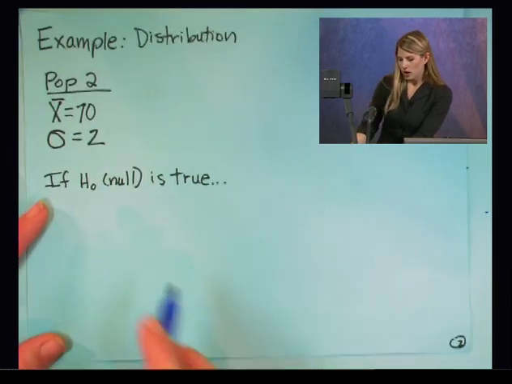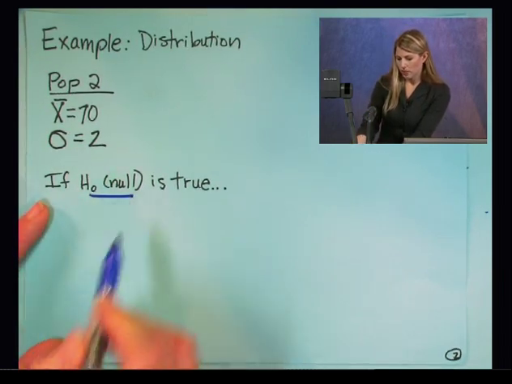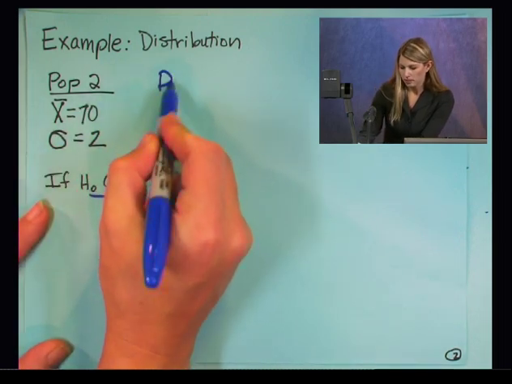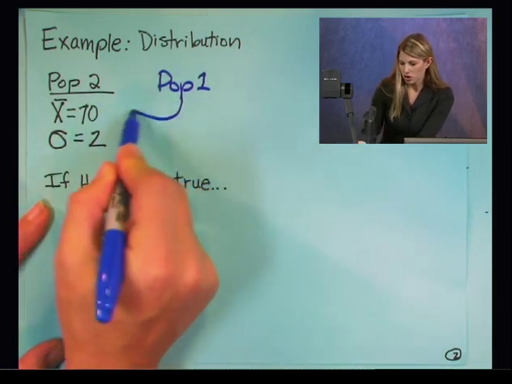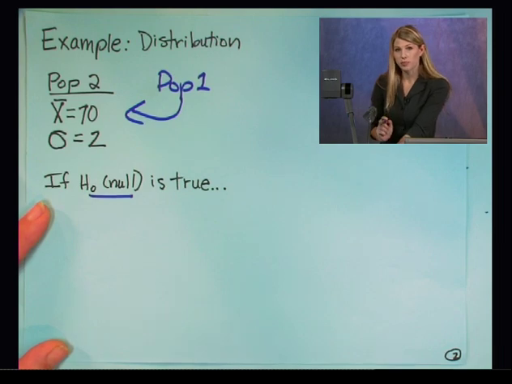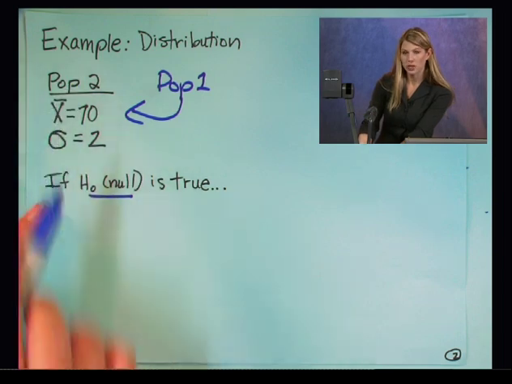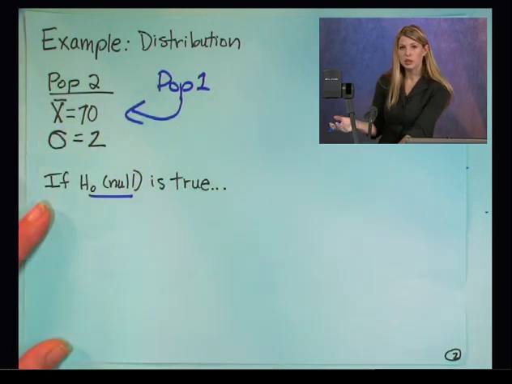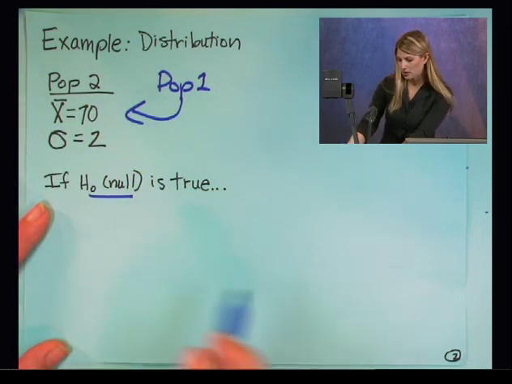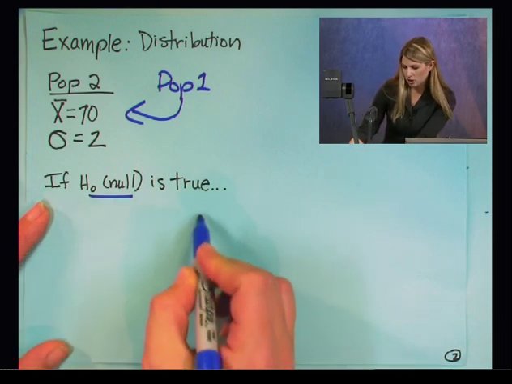Okay? So if the null is true, population 1 looks just like population 2. So since we're going to test the null, that's what we're going to look at, the distribution of population 2 as if it were the same as population 1, the group playing video games. So let's draw this distribution.